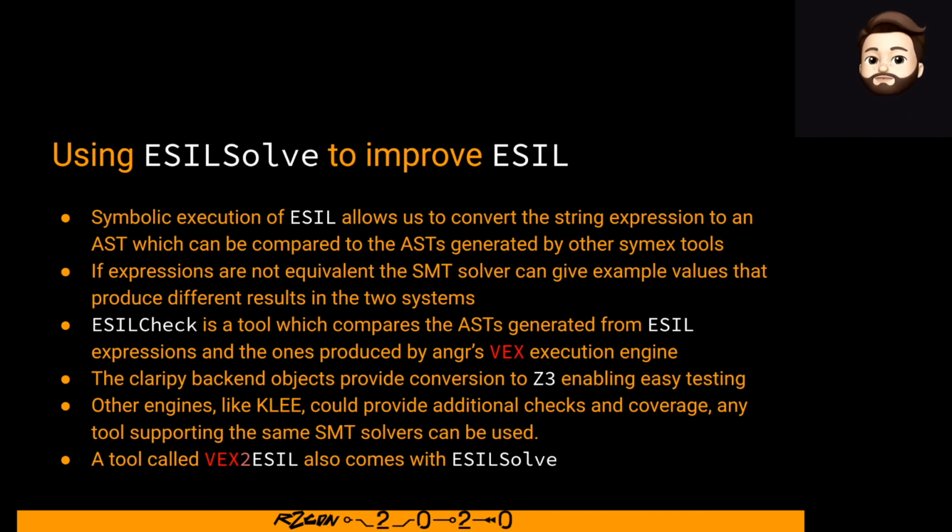So we can symbolically execute something with ESILsolve and then with angr, and then we can take the two expressions, assert that they're not equal, and check to see if that's satisfiable. If it is satisfiable, then we know that there's some difference in the implementation of our execution. That's a really powerful way to test whether the ESIL expressions are right, or at least in agreement with other tools. So that is what this tool called ESILcheck does.